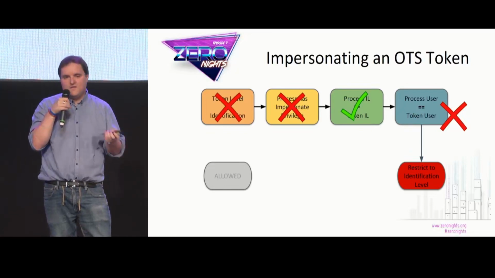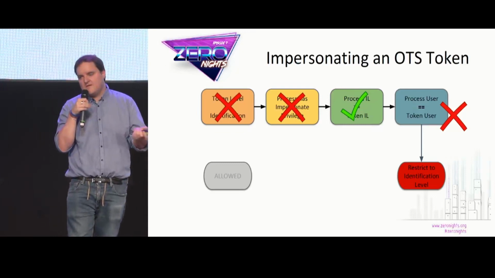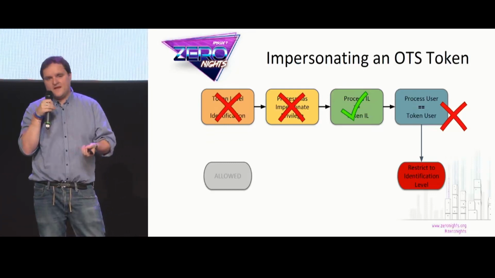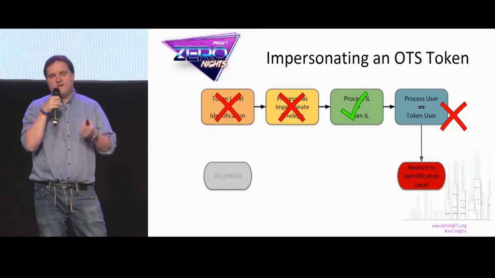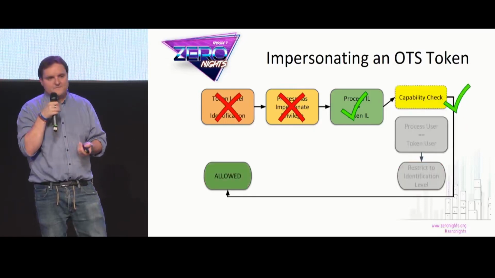And this, on the face of it, would sound like it's job done, right? We are now secure. We can't create a process with this token. We can't impersonate this token. Therefore, utterly useless. That wasn't until Windows 10 came along.